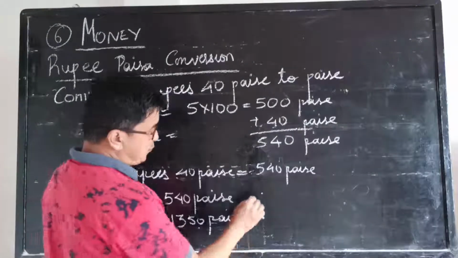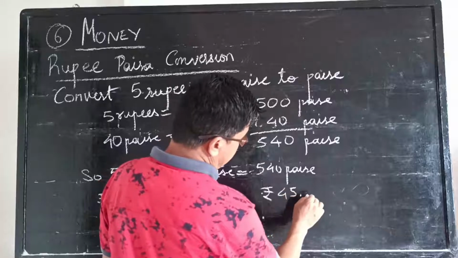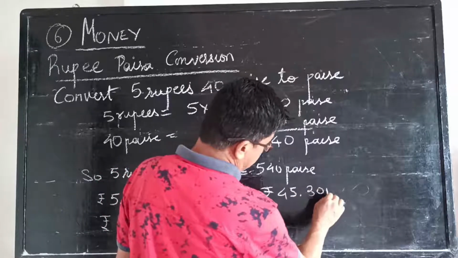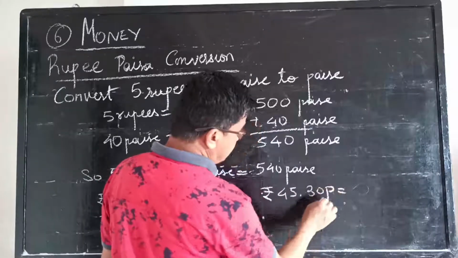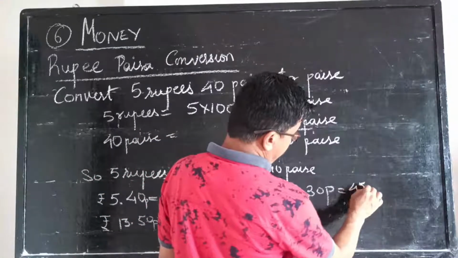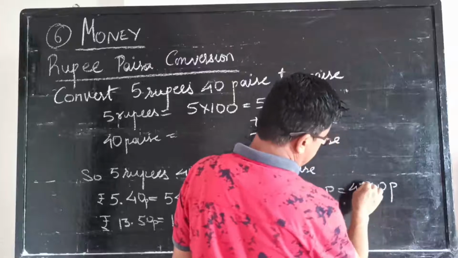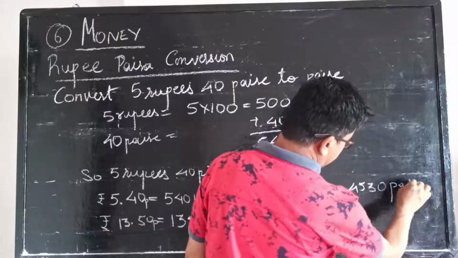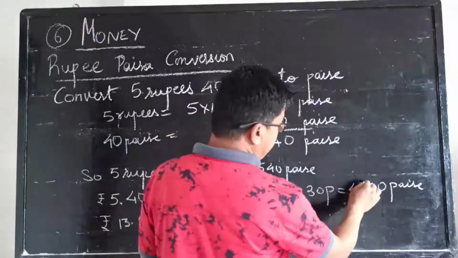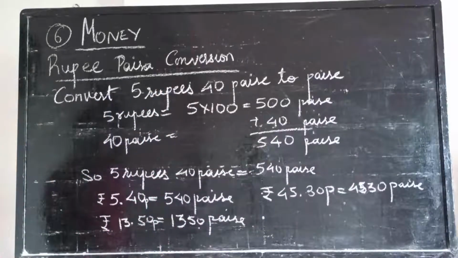Another example, 45 rupees 30 paise. To convert into paise, what do you do? Write 45, don't write this dot, 30 paise. That is 4530 paise. So this is the short method of converting rupees to paise. Now I hope you understood this.